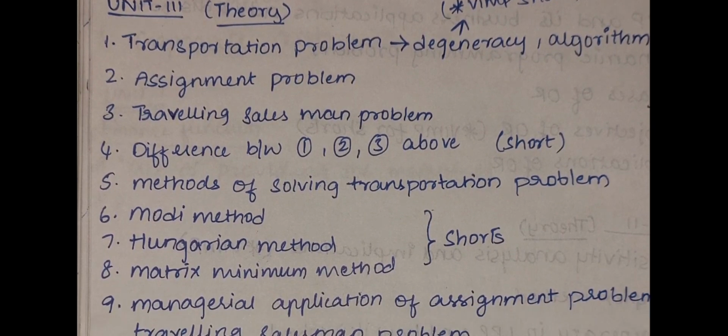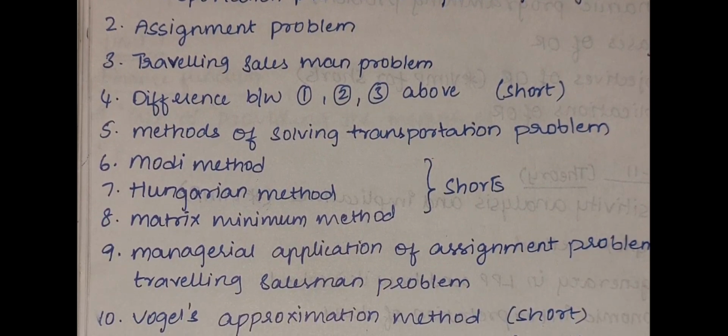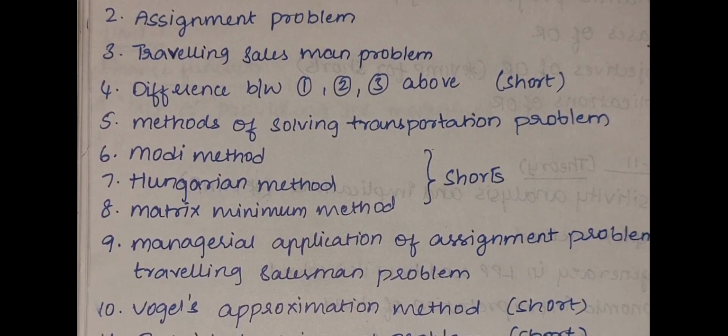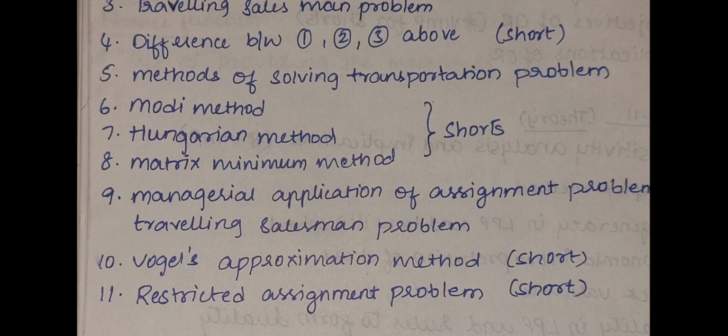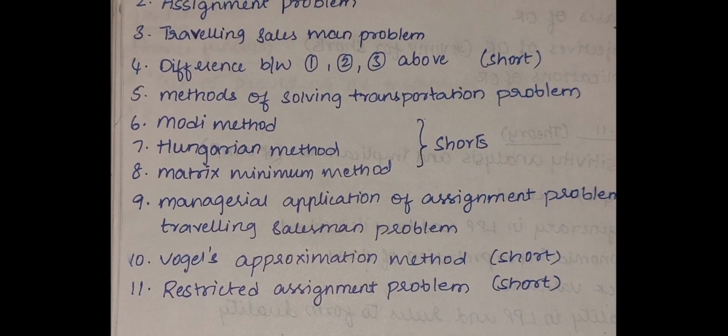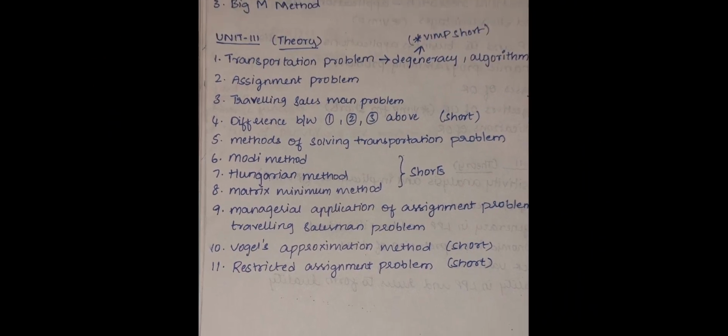And then the methods of solving transportation problem: MODI method, Hungarian method, matrix minimum method. These questions were for short answers, and moreover we have restricted assignment problem and Vogel's approximation method. These questions are most important for the short answers. The long answer question that can be expected is managerial application of assignment problem and traveling salesman. So this ninth question can come as a long answer question.